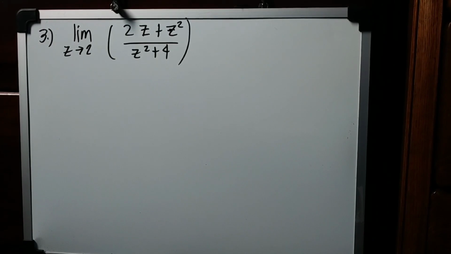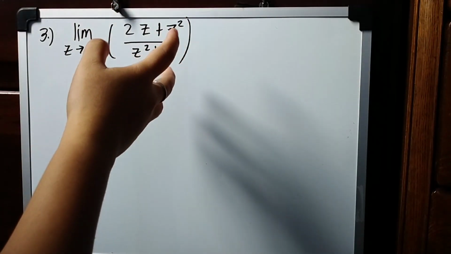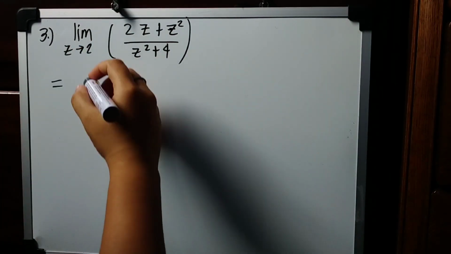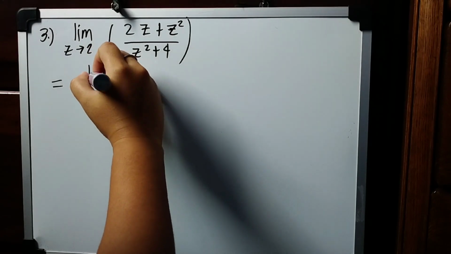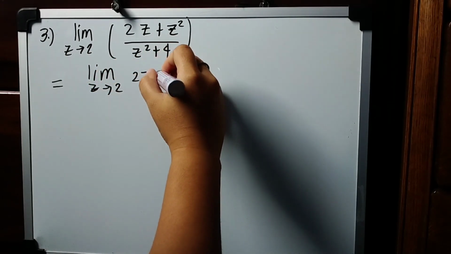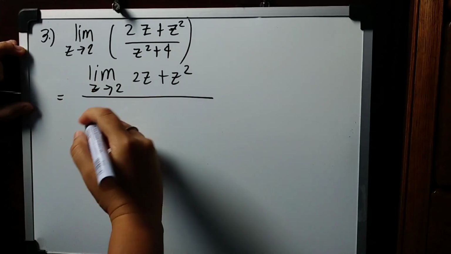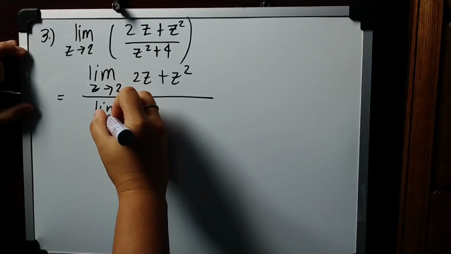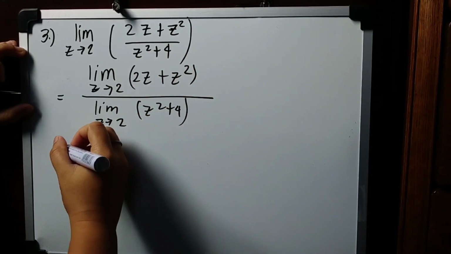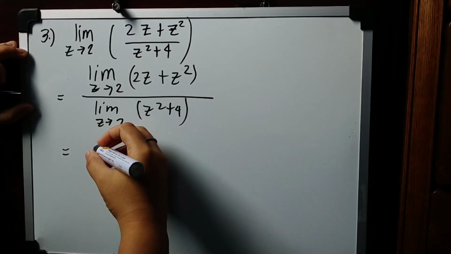So for number 3, as you can see here in the example, we can directly substitute the value of z here in the given equation. And then we are going to substitute here the value of z.